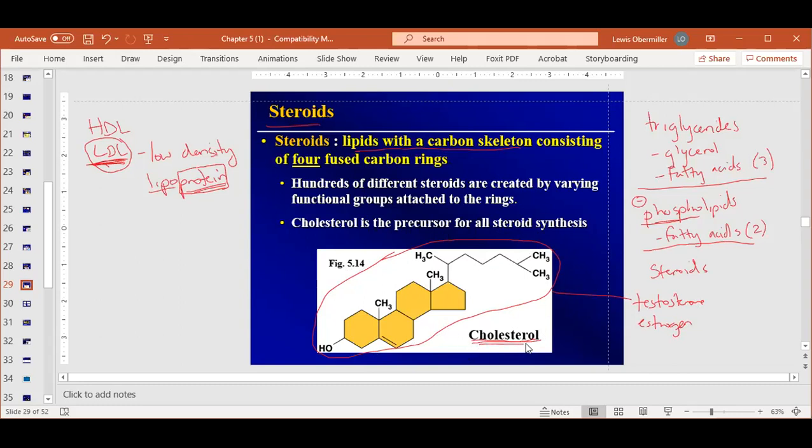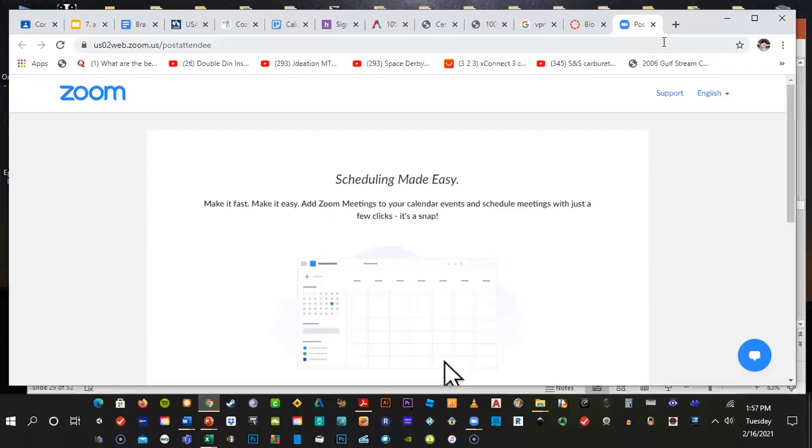They're all made from cholesterol, and they all have this basic 4-ring structure. In fact, I'm going to show you.